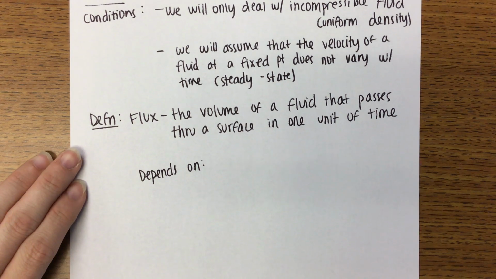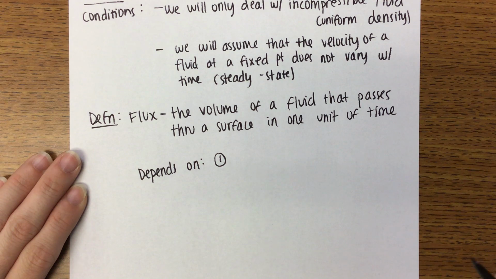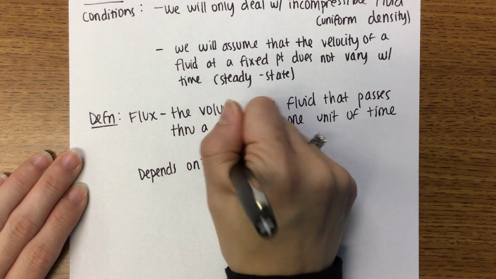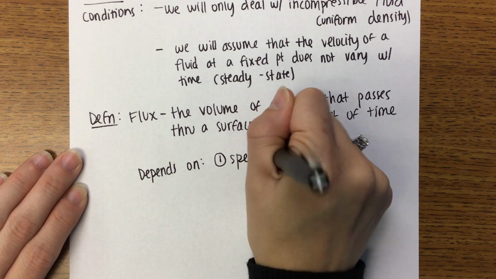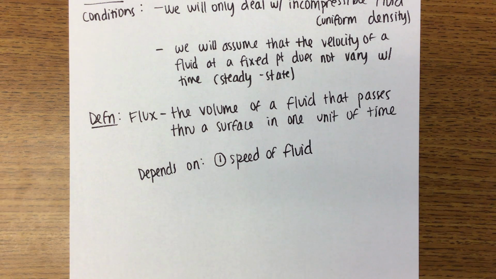There's a few different pieces that impact flux. First one should be the most obvious, the speed of the fluid. The greater the speed, the greater the volume that's getting through the surface.